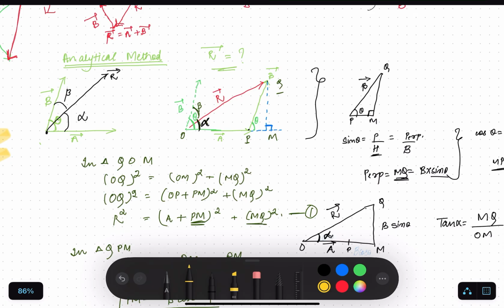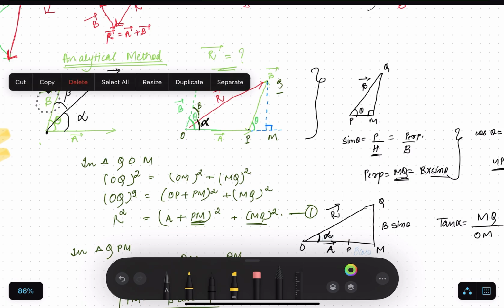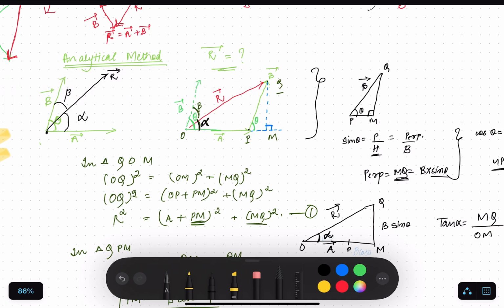So this is my basic diagram. This is my A vector, this is my B vector over here, and the resultant vector is going to be somewhere in between these two. So this is my resultant vector. Okay, so now I want to find out the magnitude of the resultant and the angle. How am I going to proceed?